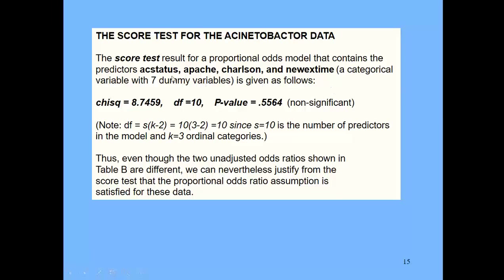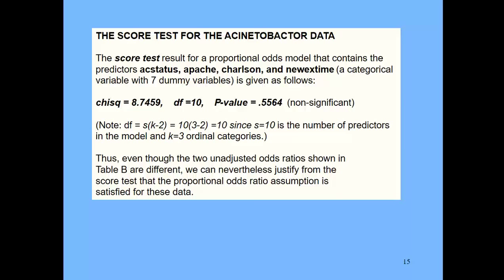Now, where did I get degrees of freedom 10? Well, K is still 3, because there are still 3 categories of the outcome. But what's S? S is the number of predictive variables in the model. There's 1 for exposure, 1 for Apache, 1 for Charleston, that's 3, and how many for nu x time? 7. So that's why it was 10.